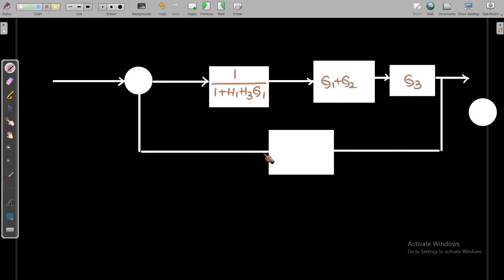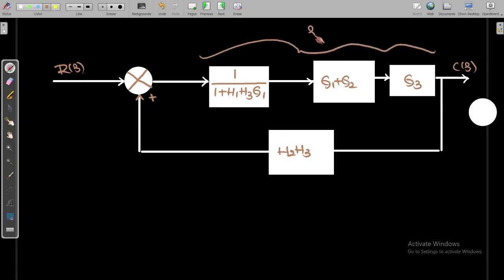Now you can observe all these things here. These three are connected in series. If you reduce that, what is the answer?